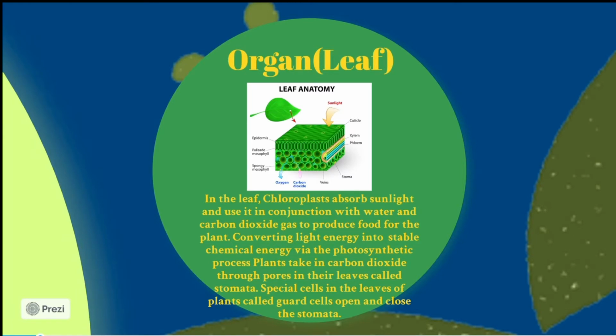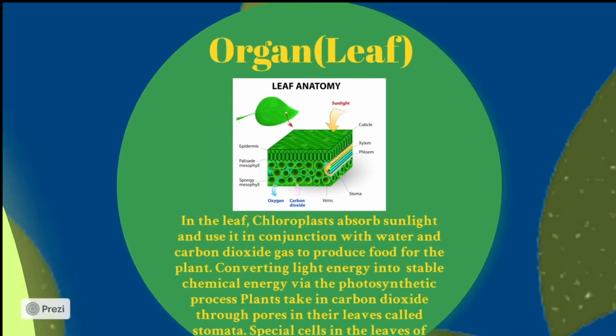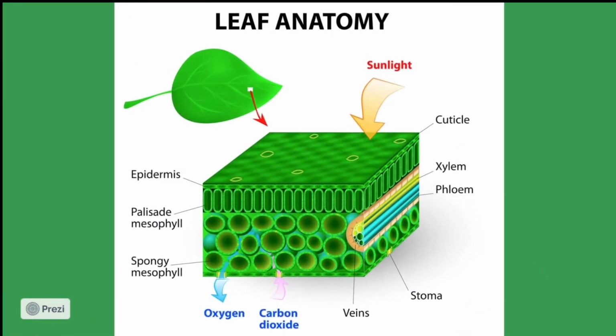Special cells in the leaves of plants are called guard cells, which open and close the stomata. And so right here, I just have a picture explaining the process a little bit more. So sunlight goes into the plant, well, the leaf, and then as carbon dioxide goes in, oxygen comes out.